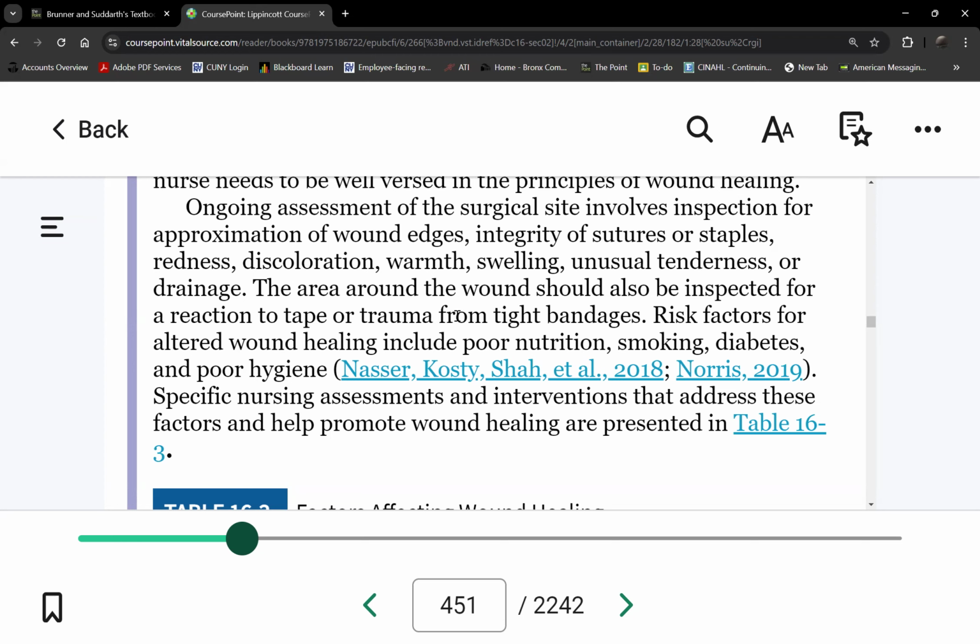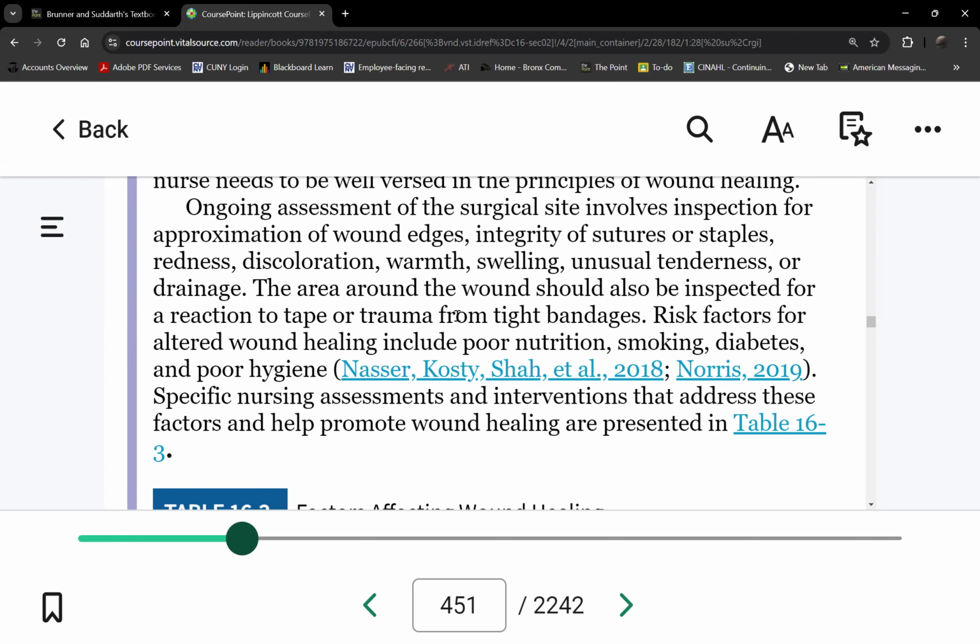And what is the order of the drainage appearance? Just like in OB, after labor and delivery, what is the first drainage that comes out? Rubra first, right? And then serosa.